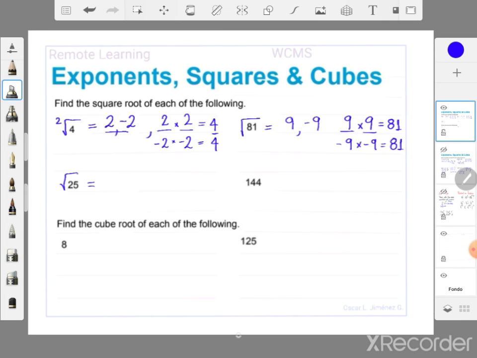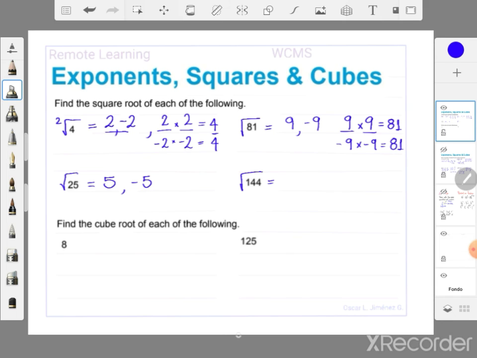Now, what about the square root of 25? Which number multiplied by itself equals 25? I know it's easy, you can take your time, but the answer is 5, because 5 times 5 is 25. Also negative 5, because negative 5 times negative 5 is 25. Now, what is the square root of 144?